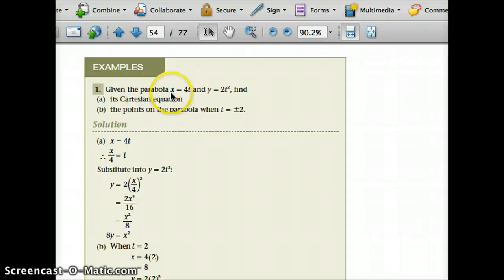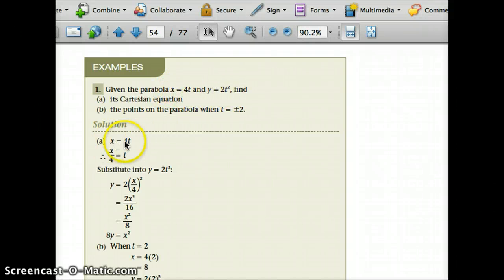So, given the parabola x equals 4t and y equals 2t squared, find its Cartesian equation. So you'll notice you've been told that this is a parabola, but you've been told it's a parabola in terms of its parameters. It's in terms of the t's or t, okay? So the parameter they've chosen here is t, okay?